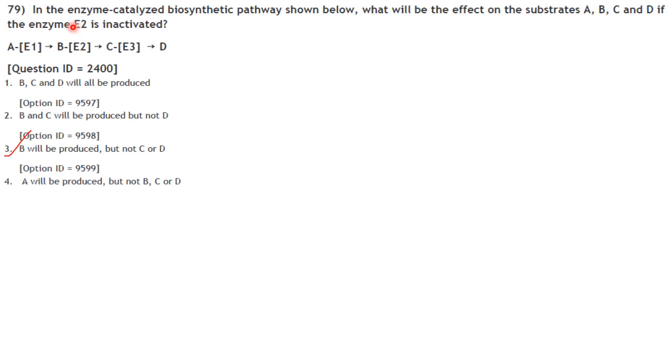So what they have asked is, what will be the effect on the substrates A, B, C, D if the enzyme E2 is inactivated? So here E2 is getting inactivated, so C will not be produced from B. When C is not produced, D also will not be produced from C. So B will be produced, but not C and D. Answer is option 3.